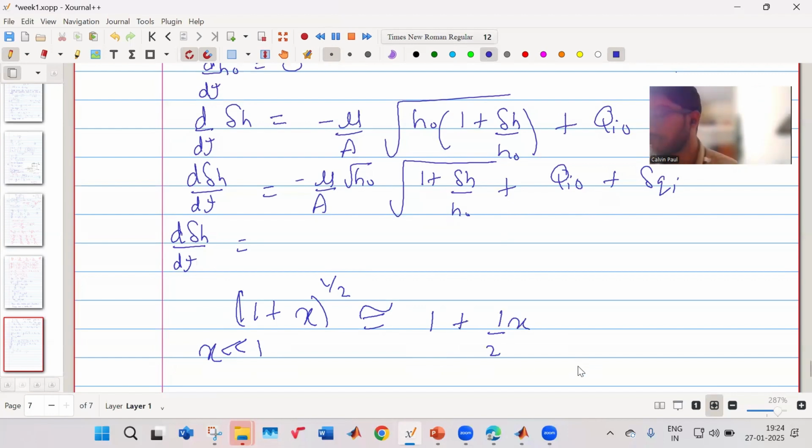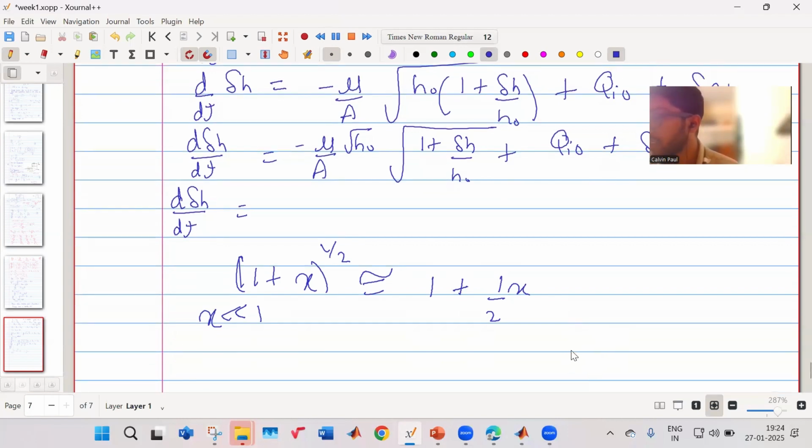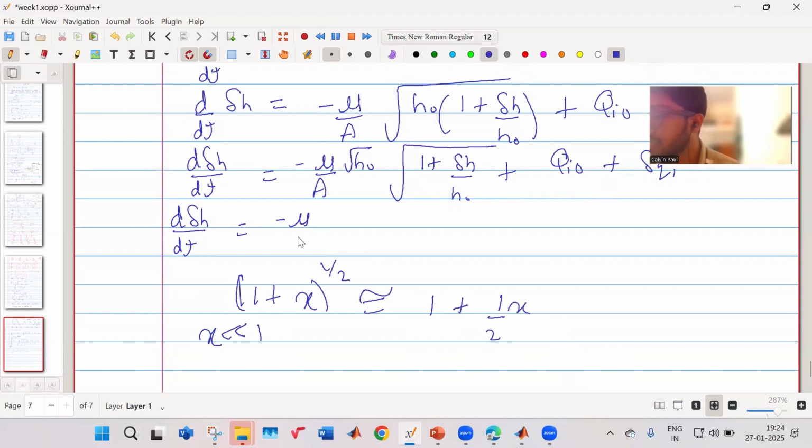This is an approximation which is used. So this can be written as minus mu by a square root of h naught into 1 plus half delta h upon h naught, plus qi0 plus delta qi.